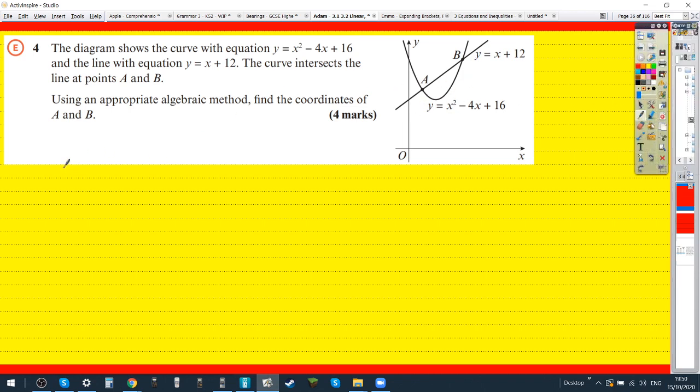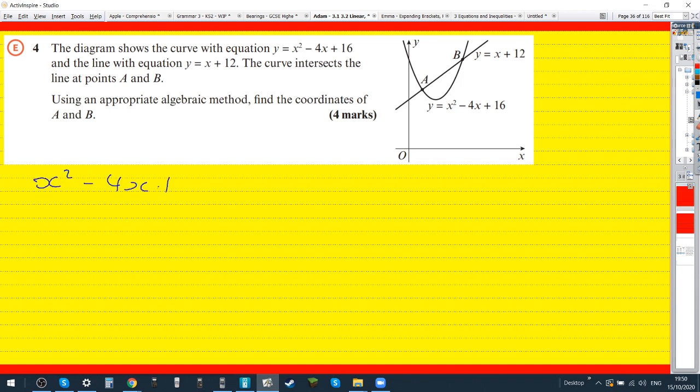They're both equal to y. Therefore they're both equal to each other. And so x squared minus 4x plus 16 is equal to x plus 12 at the points of intersection. So now would you make it equal to 0?